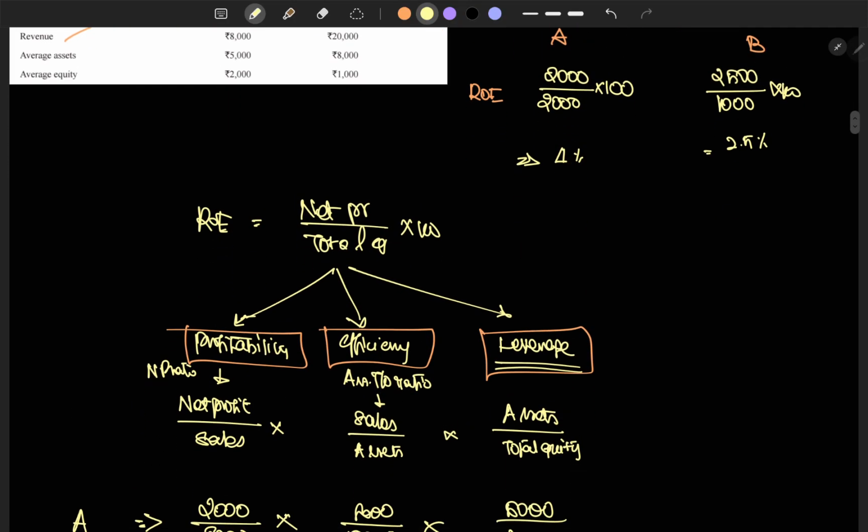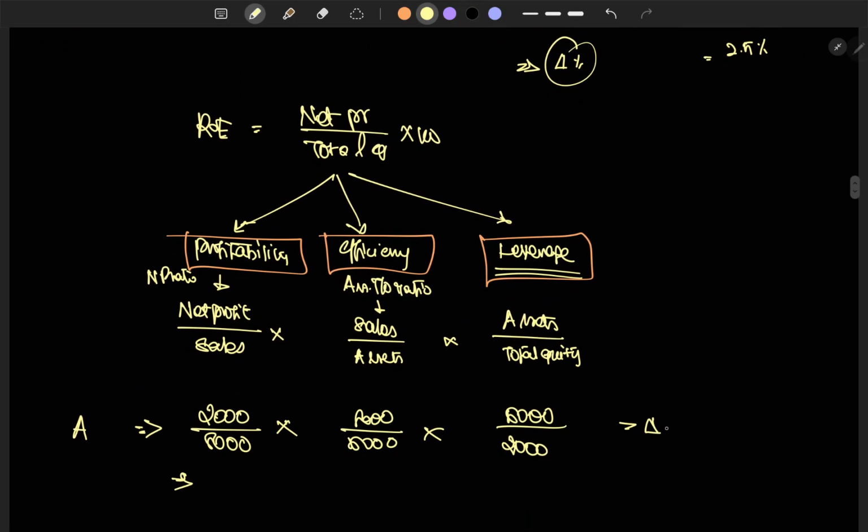The value will be the same, 1% ROE, but we are just splitting it. 2000 divided by 8000 gives 0.25, so the company has a profit margin of 25%. 8000 divided by 5000 is 1.6 times, so the company generated sales of only 1.6 times its assets, which is lower.